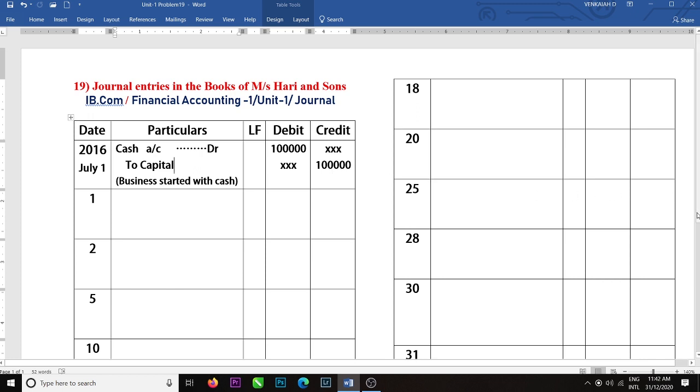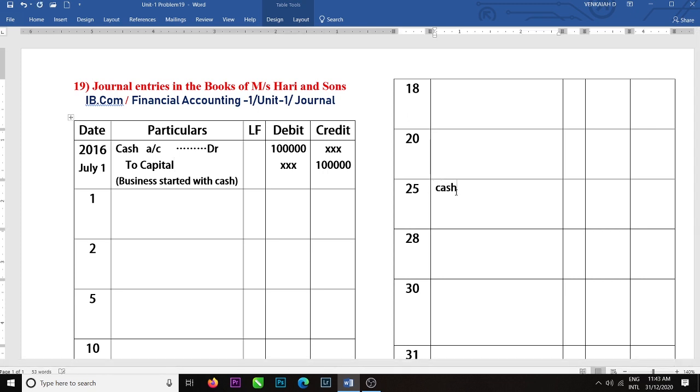Next, on the same day, the amount is deposited into the bank. One is the cash account, another is the bank account. Cash is a real account, and bank is also a real account.